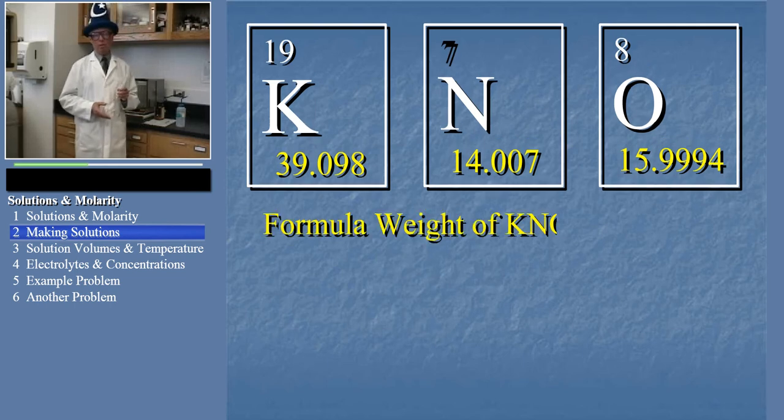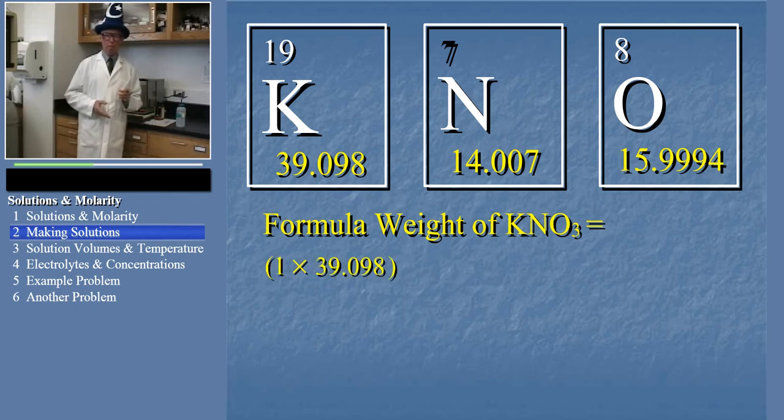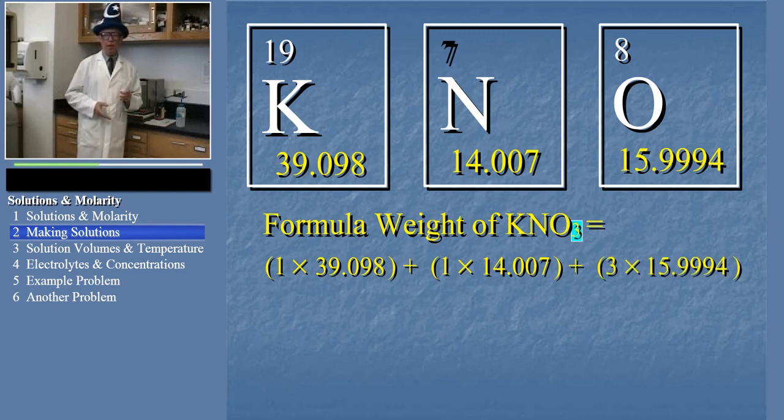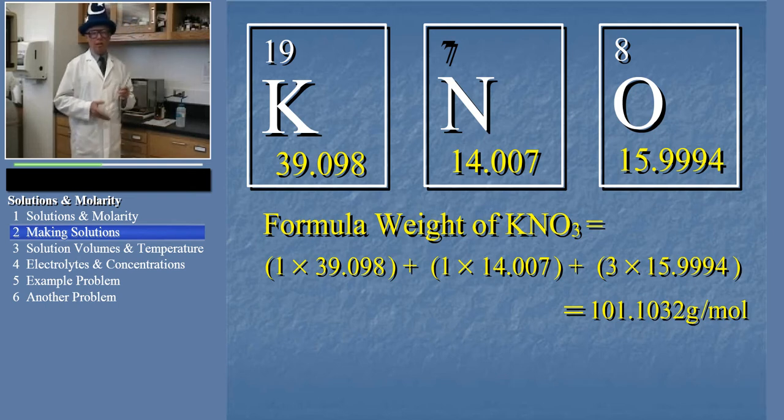The molecular weight of potassium nitrate is given by 1 times the atomic weight of potassium, plus 1 times the atomic weight of nitrogen, plus 3 times the atomic weight of oxygen. And that equals 101.1032. Now that's the weight in grams of 1 mole of potassium nitrate.